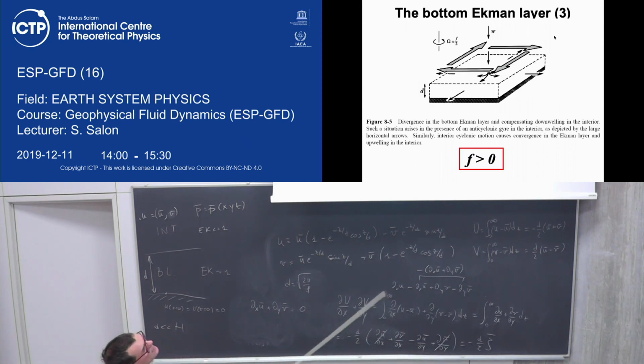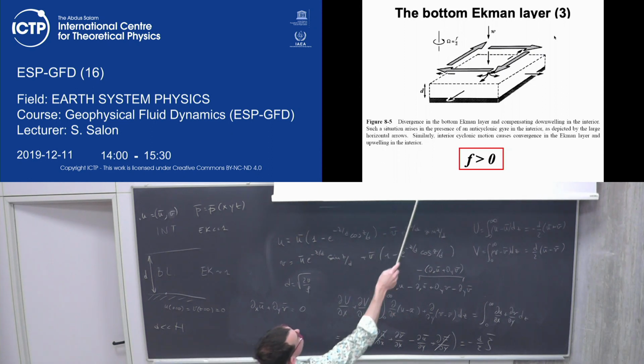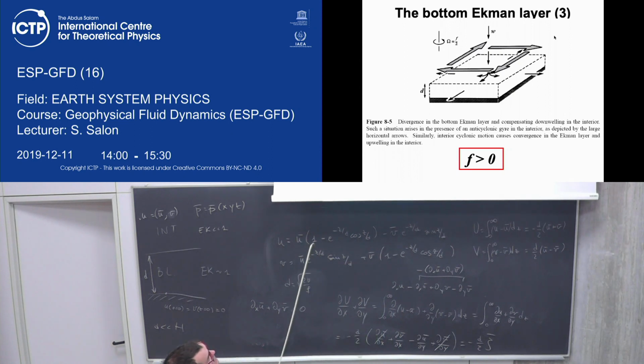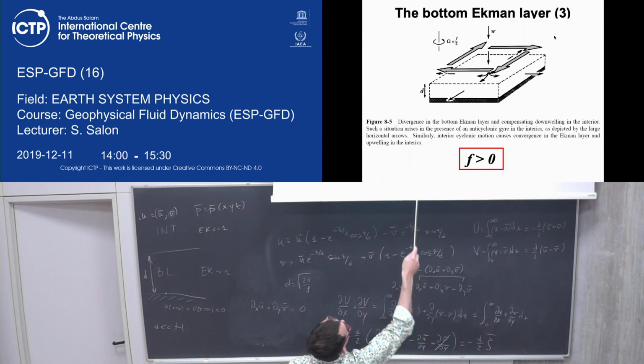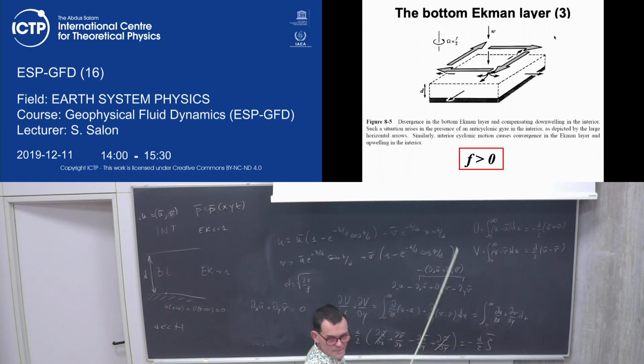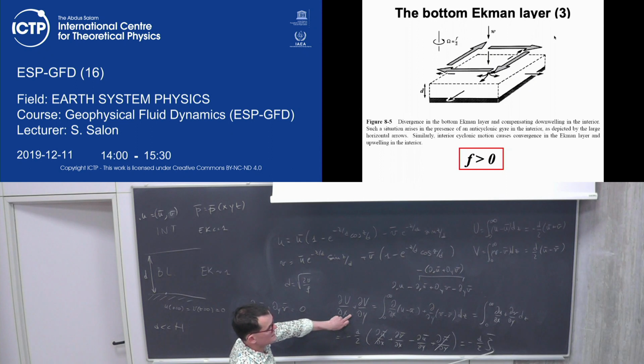In this case here, we have divergence of the transport, Ekman transport, and divergence means vorticity negative. Vorticity negative means anticyclonic motion. Okay? Divergence means vorticity positive or negative? This is positive. This must be negative, because we have minus here. And of course, the contrary.